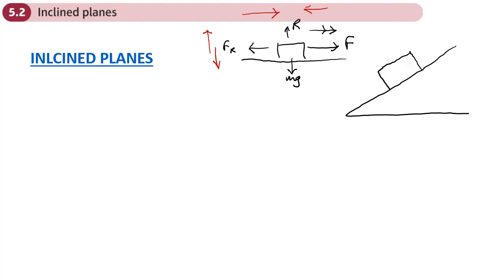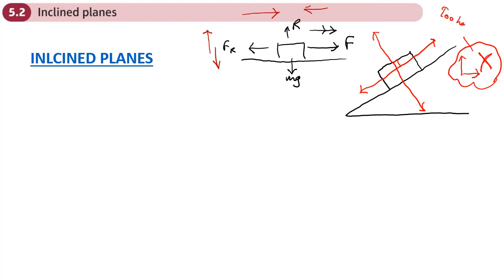When something is on a slope, it is easier to look at forces which are parallel to the plane, in other words, forces going either this way or this way, and forces which are perpendicular to the plane, in other words, forces going like that. It's much easier than trying to do forces going in those directions. Trying to do it like that is too hard, and we want to make things as easy as possible.